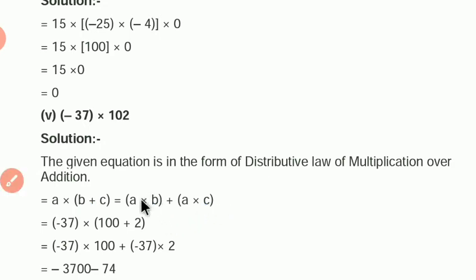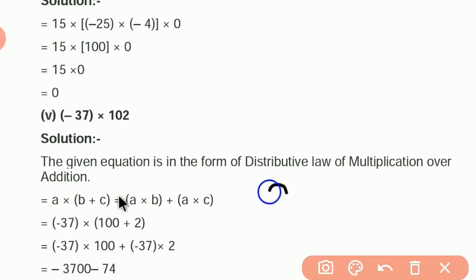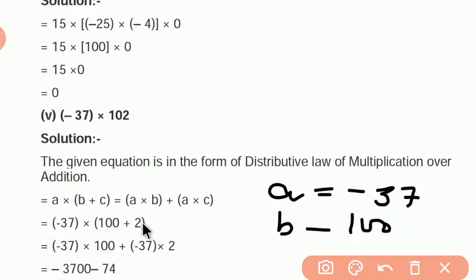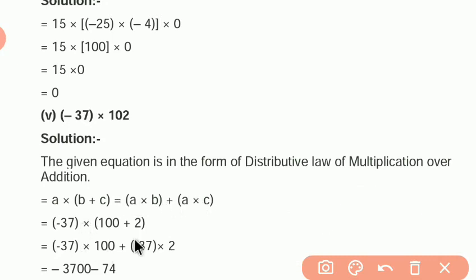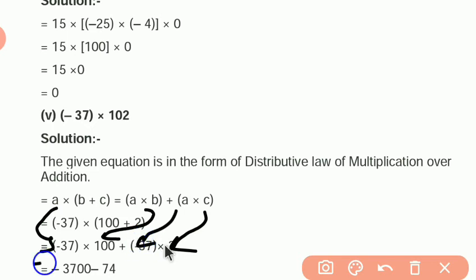So now we have to put the values of a, b, c in the given law. So what is the value of a? Minus 37 is the value of a, 100 is the value of b, and the value of c is equal to 2. So put it here in a into b plus a into c. So in place of a, minus 37 into bracket 100 plus minus 37 into c, which is equal to 2.